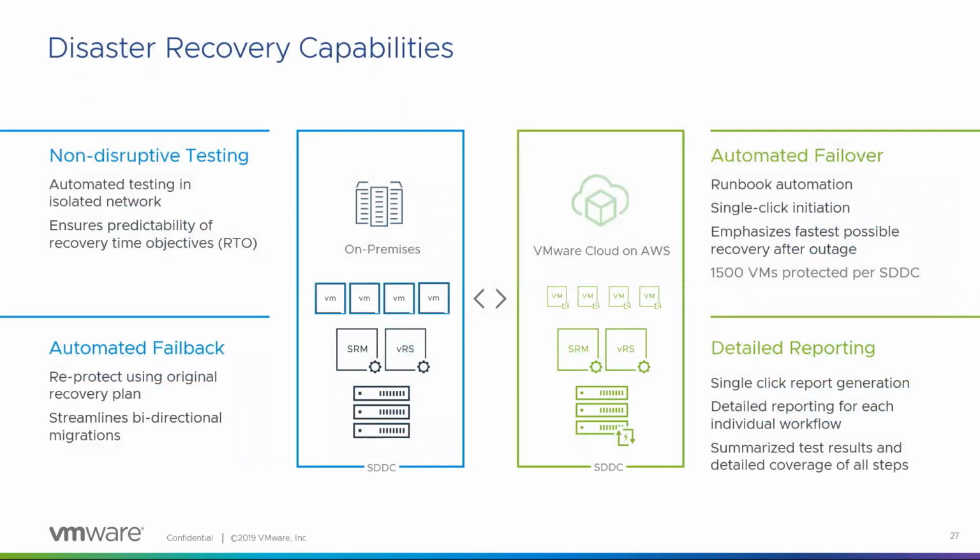So speaking of disaster recovery, the disaster recovery capabilities of VMC on AWS leverage Site Recovery Manager, the Site Recovery Manager solution. In VMC on AWS, we just call it Site Recovery Service, right? But it's leveraging that same architecture and the same set of tools.